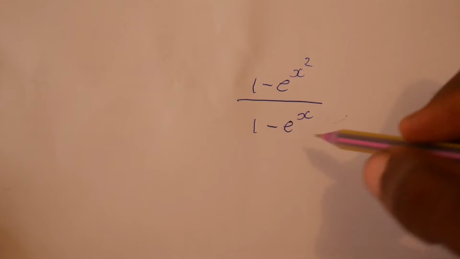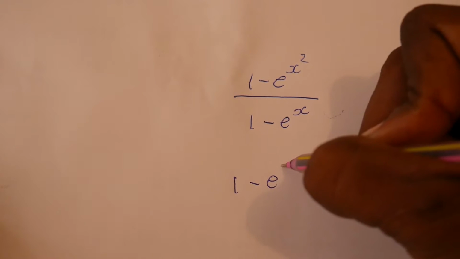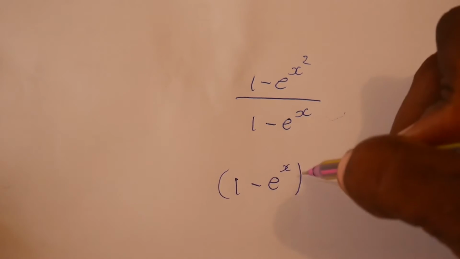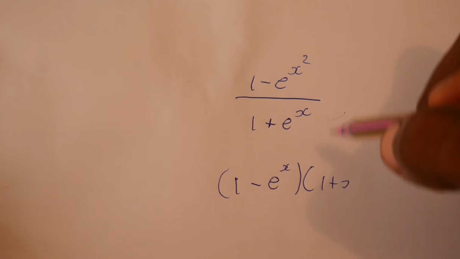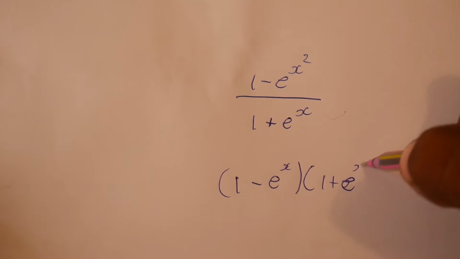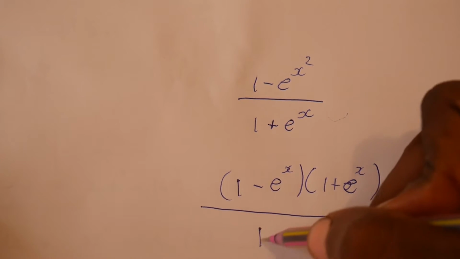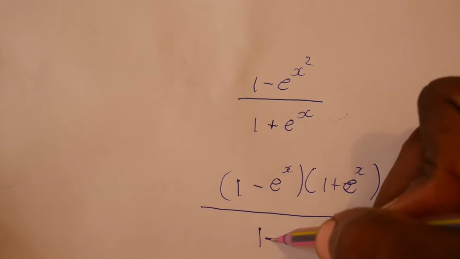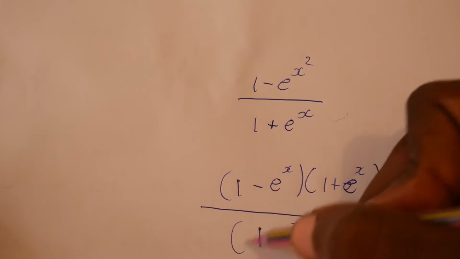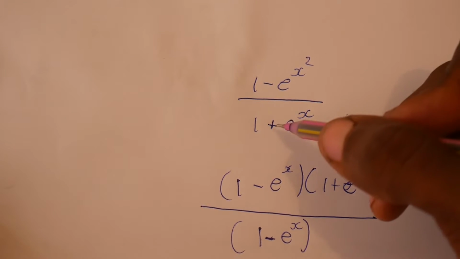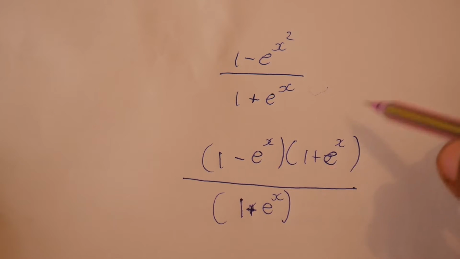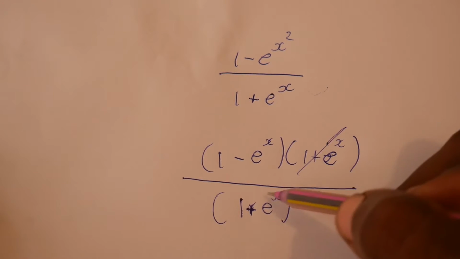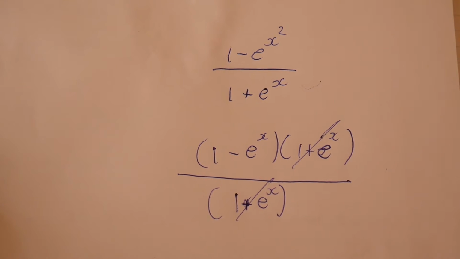And this was rewritten as (1 minus e to the x) multiplied by (1 plus e to the x) all over 1 minus e to the x. Alright, this was indeed a minus. Anyways, it wouldn't matter for this explanation. So this will go to that, so it's just 1 minus e to the x remains.